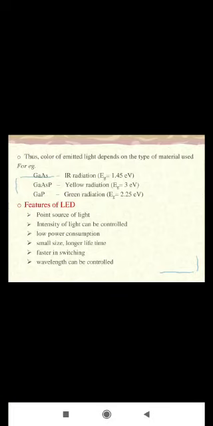Also, LEDs possess smaller size and longer lifetime, which makes them compatible with the current IC technology. Also, they are faster in switching, and moreover the materials used for the PN junction fabrication can be selectively varied to get the desired wavelengths. So wavelength can be controlled in an LED. These are the major features of an LED.